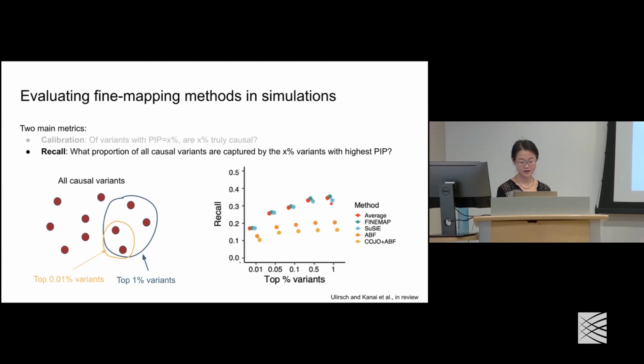So even though they are all pretty accurate, the calibration plot looked good for all of them, here you can see that the ABF method and CARMA ABF method had lower recall, so they have lower power. So 2 metrics give you a more complete picture of your fine mapping methods.